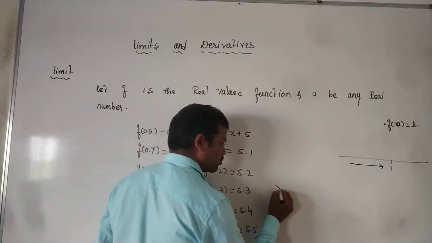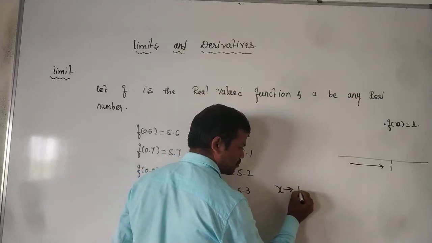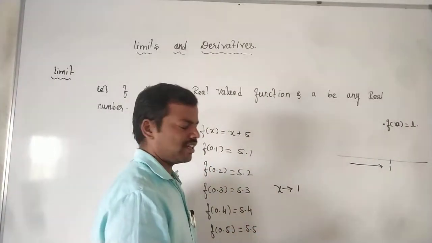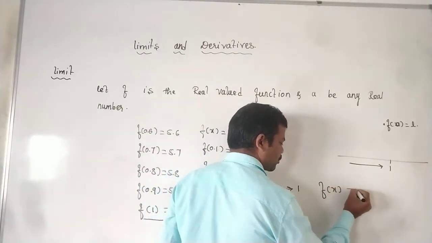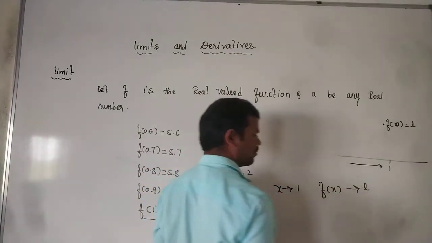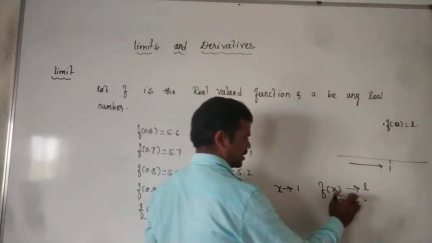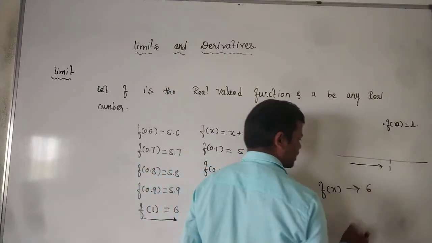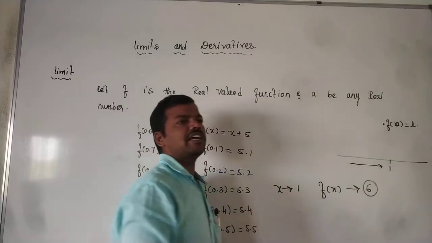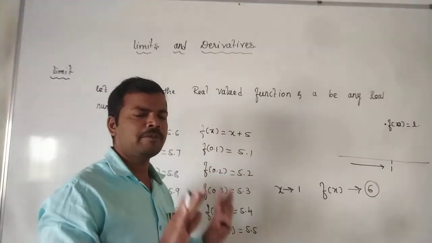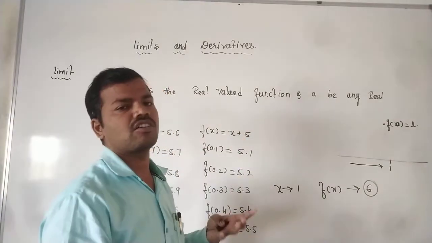As we approach x to 1, any real number, f of x also approaches another real number that we call 6. ಅದು ಎಲ್ಲಿ ಅಪ್ರೋಚ್ ಆಯ್ತು 6 ಅಪ್ರೋಚ್ ಆಯ್ತು. And this 6 is called the limit of that function. ಆ ಫಂಕ್ಷನ್ ದ limit is 6. ಅದರ ದಾಟಕ್ಕೆ ಆಗೋದಿಲ್ಲ.